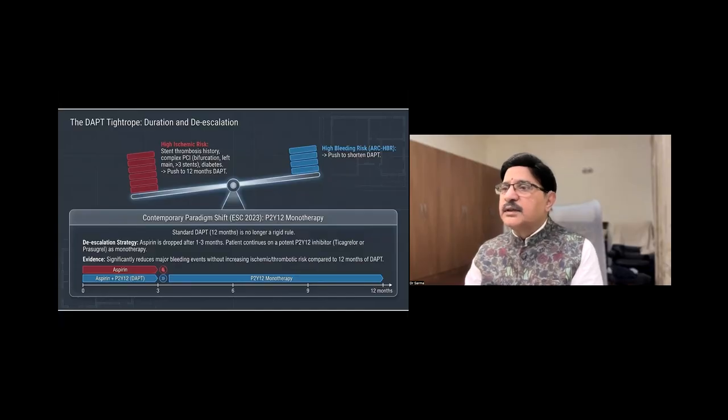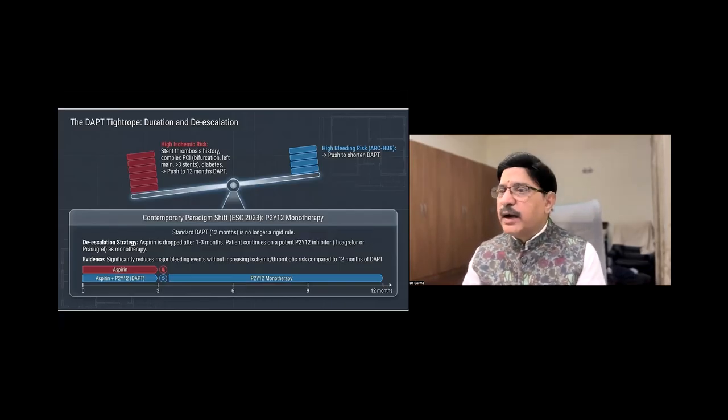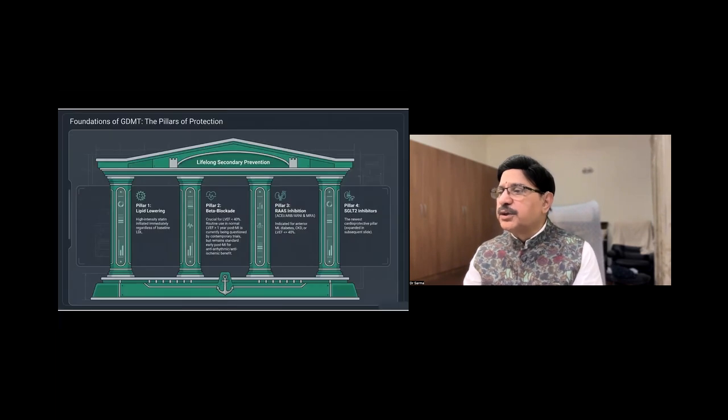You can see this is the DAPT, dual antiplatelet therapy. What I do, escalation and other things. Aspirin must be there, and clopidogrel or other antiplatelet agent at least for 12 months. The 4 pillars I was telling you: pillar 1 lipid lowering, pillar 2 beta blocker, pillar 3 is the RAS inhibition, and 4 is the SGLT2 inhibitors.